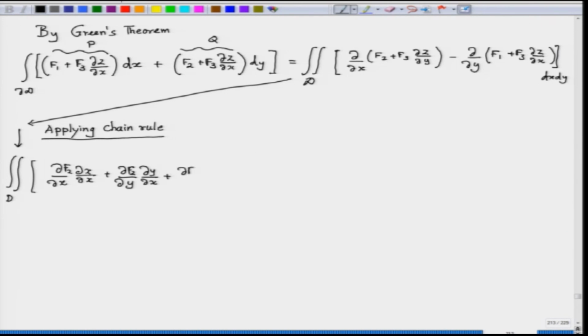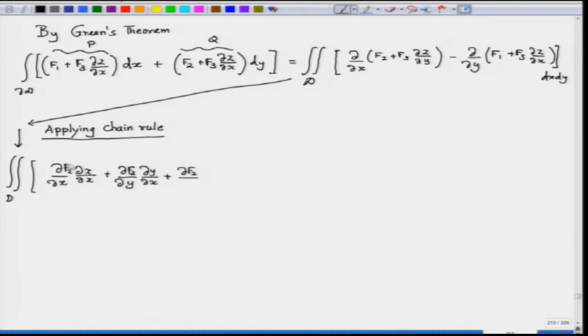If I write the chain rule for f2 with respect to x, then this will be the chain rule, because z is a function of x, y. That is why I have to write down this whole chain rule. So del f2 del x is coming through this way.